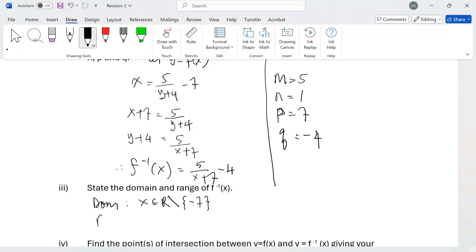And your range is the earlier domain, so y should be an element of the real numbers except negative 4.